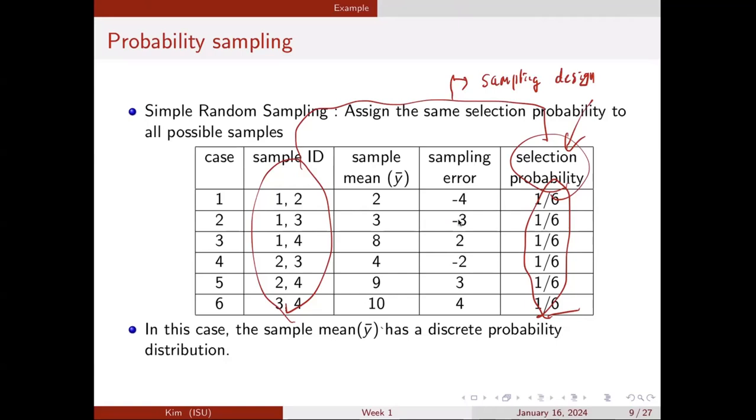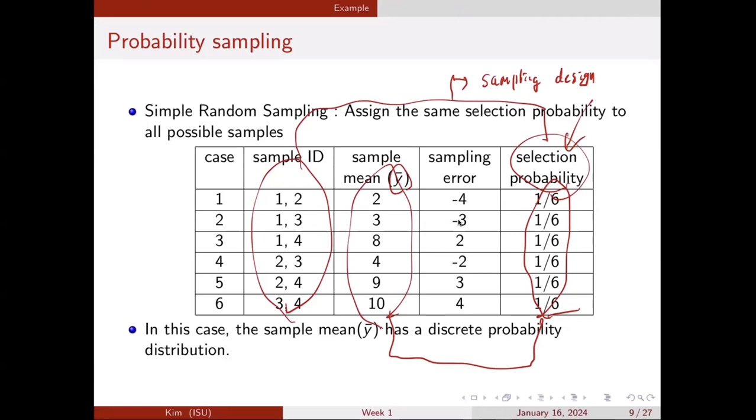But now let's take a look at this combination. What does it mean? This one is more like a statistic, right? Y bar is a statistic, but this statistic has a probability now, and it has 6 possible values with equal probability. That is nothing but a discrete random variable, right?